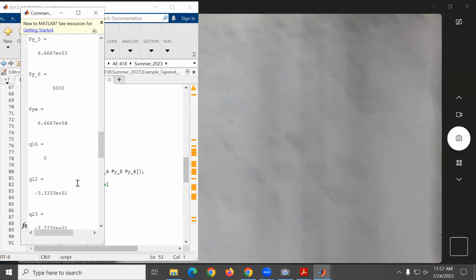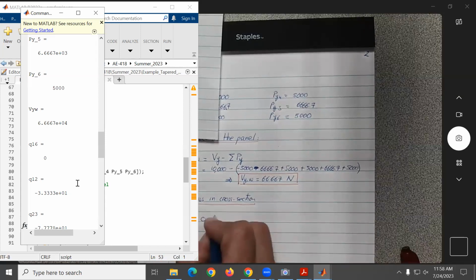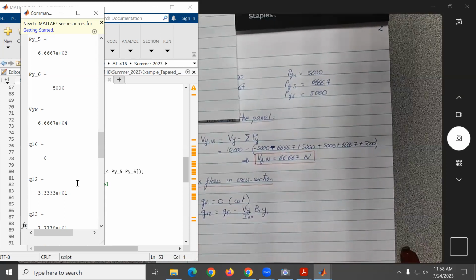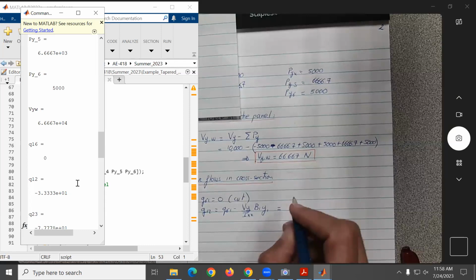We know that Q61 equals 0. That's where the cut is. Then we use the relation, let's say Q12 is equal to Q61 minus Vy over Ixx times B sub 1, Y sub 1. So we found that this one was equal to minus 33.33.